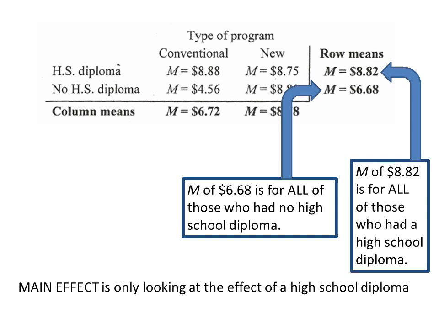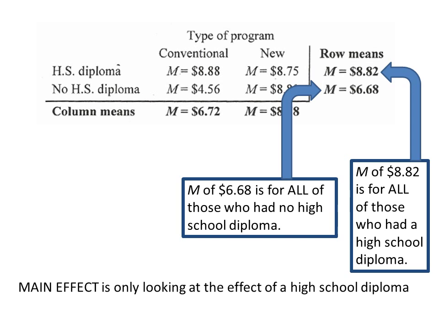Now that mean is for all of those people who have a high school diploma, and the other mean of $6.68 is for all of those who have no high school diploma.